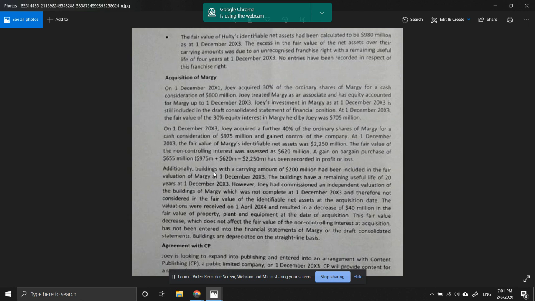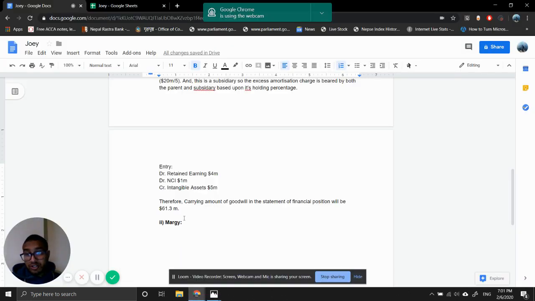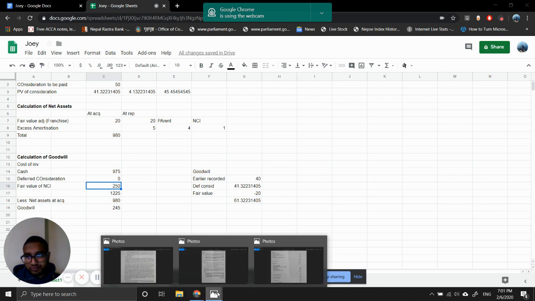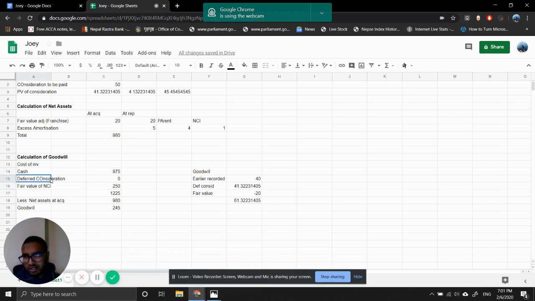So what we need to do is that our fair value is 1705, right? So cash consideration 975. Let's go to our Excel sheet again. Cash consideration 975. We don't have any deferred consideration over here. There is something else: the fair value of earlier interest is 705, right?